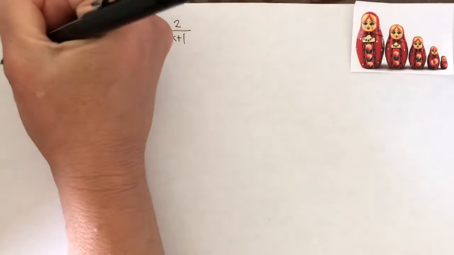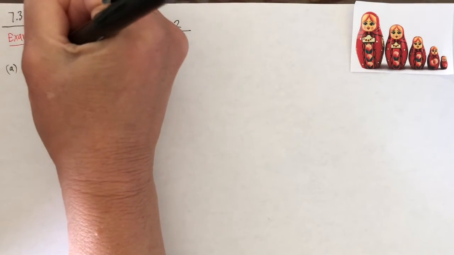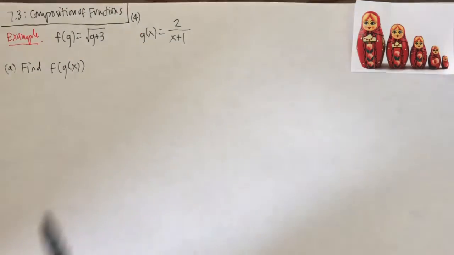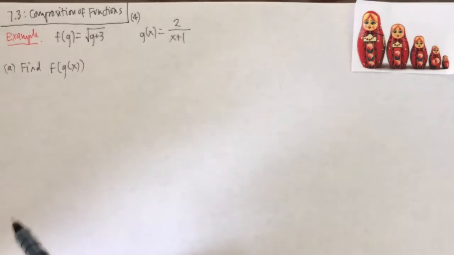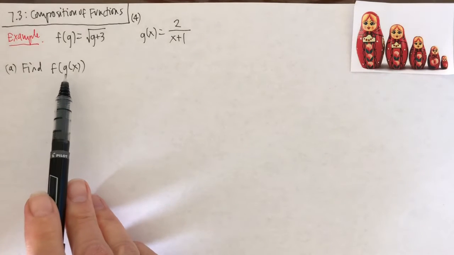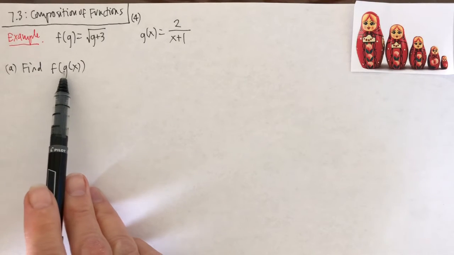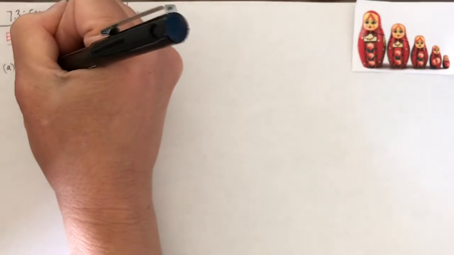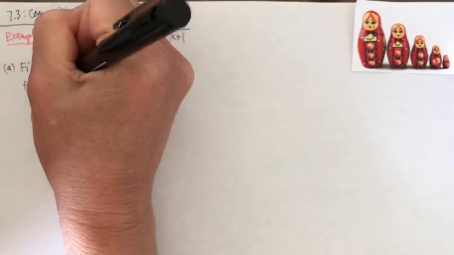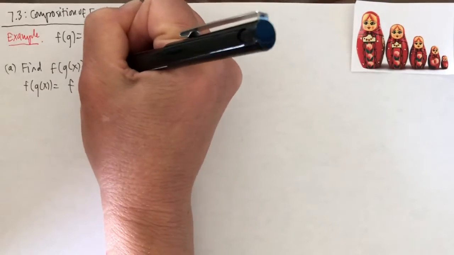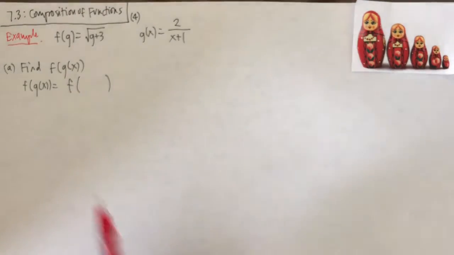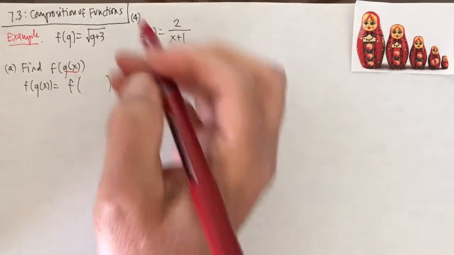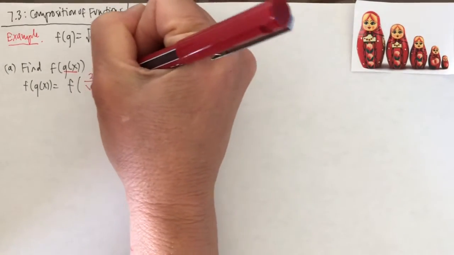And the first thing we're asked to do is find f of g of x. So compose these two functions in this order. So we're thinking about taking the function g and putting it into the function f. So f of g of x will equal f of g of x. And g of x is this. So f of 2 over x plus 1.